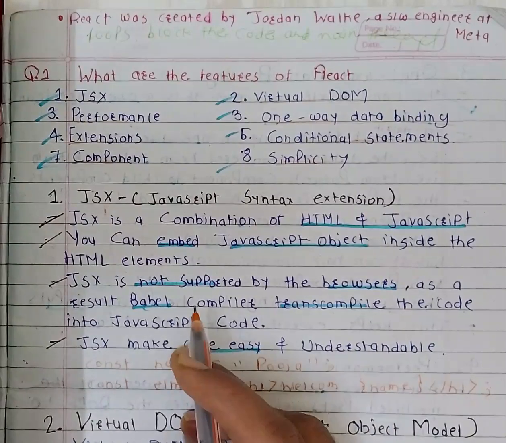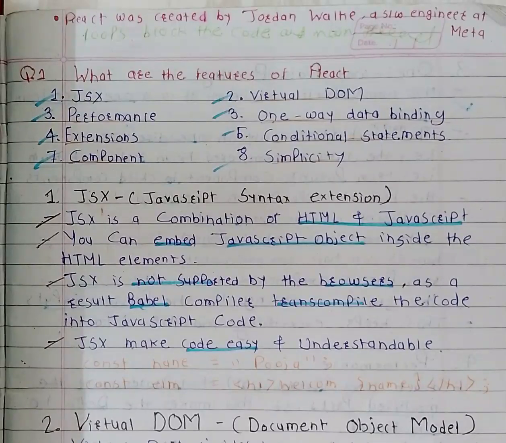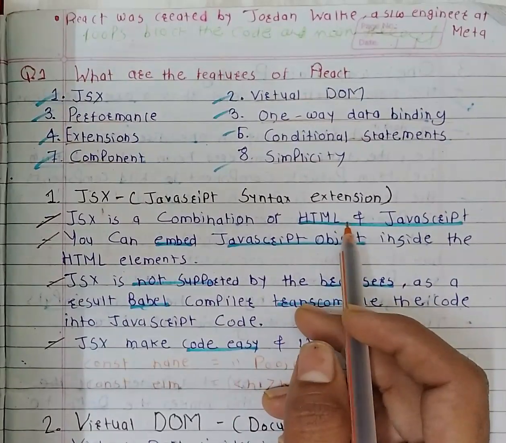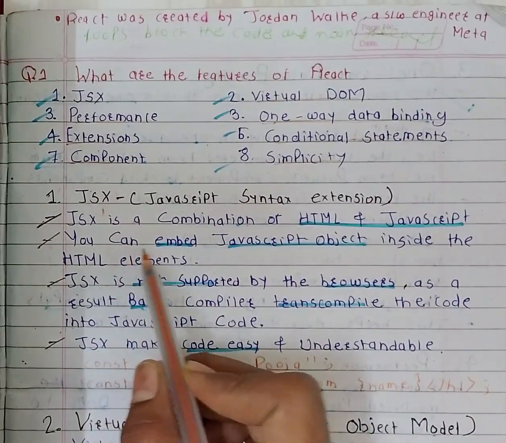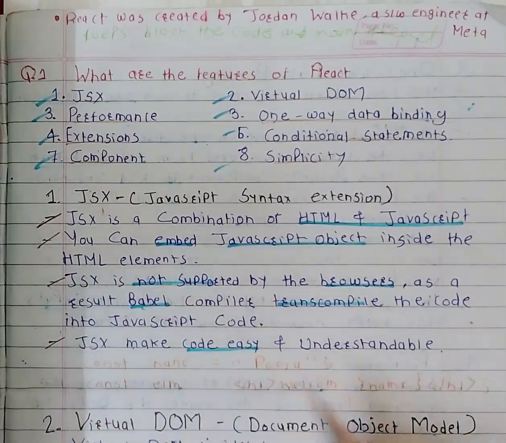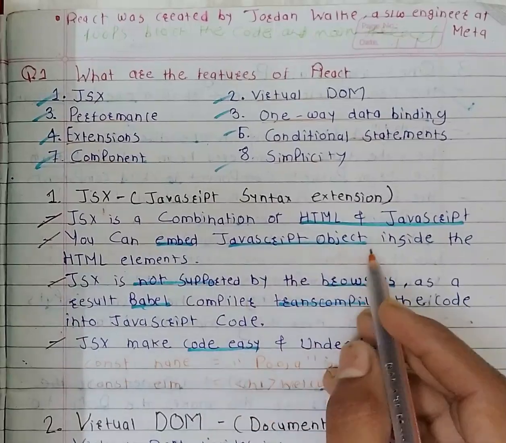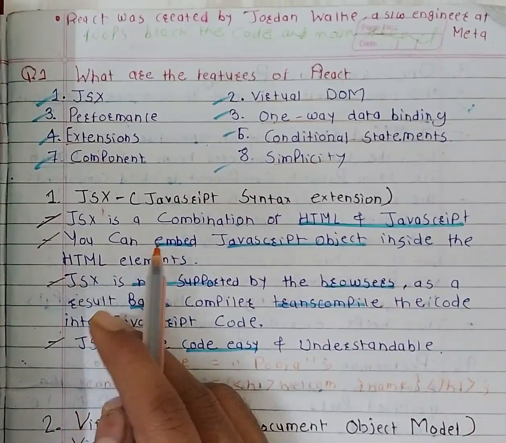So the first one is JSX. JSX stands for JavaScript syntax extension. JSX is a combination of HTML and JavaScript. So what does JSX mean? Is it a programming language? No. JSX is not a programming language; it is a combination of HTML and JavaScript.